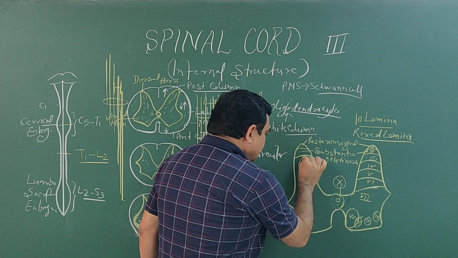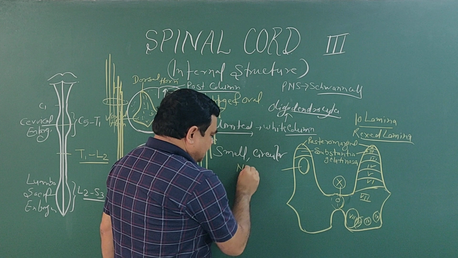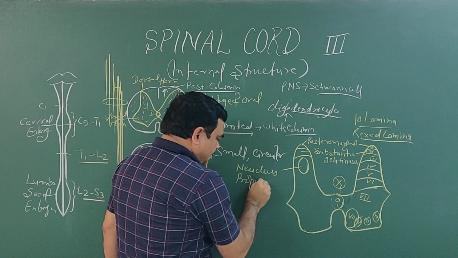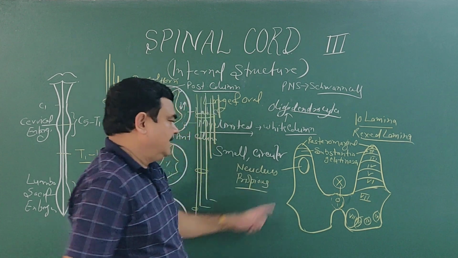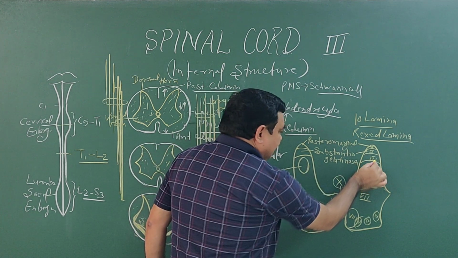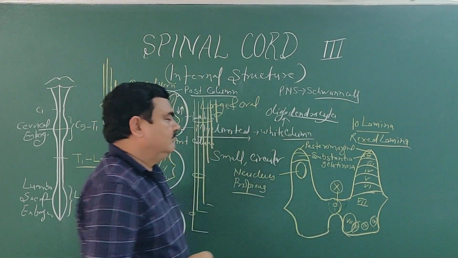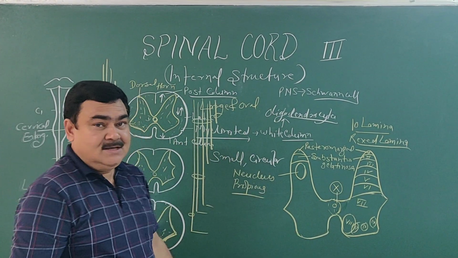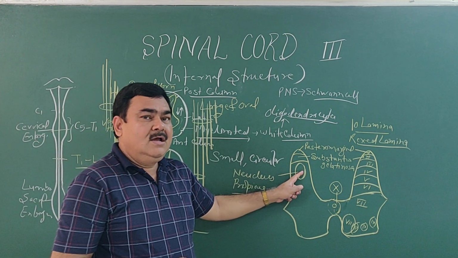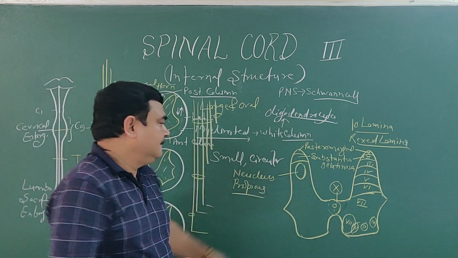And there is the nucleus proprius. This is related to laminae 3 and 4. Here the second order neuron for pain and temperature goes to the spinothalamic tract.